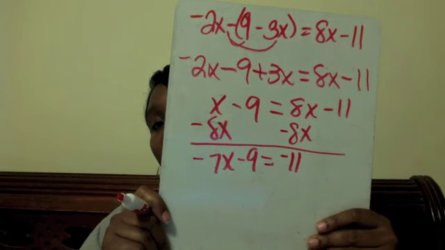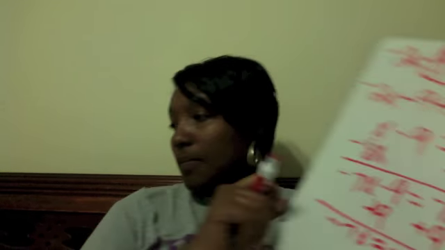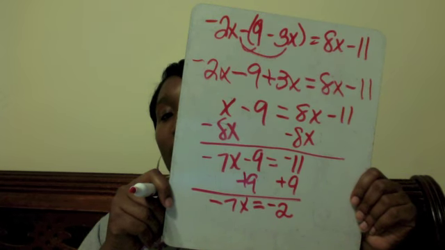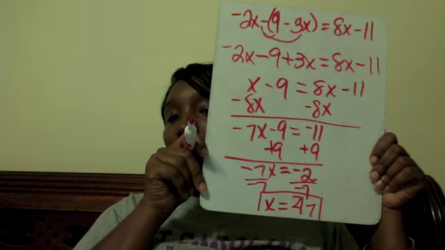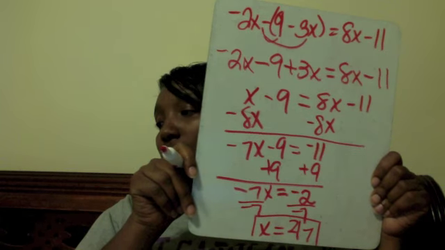Next step would be to add 9 to both sides. Okay, divide both sides by negative 7, and x is equal to a positive 2/7. Okay, and we can leave our answer as a fraction because it's already reduced.